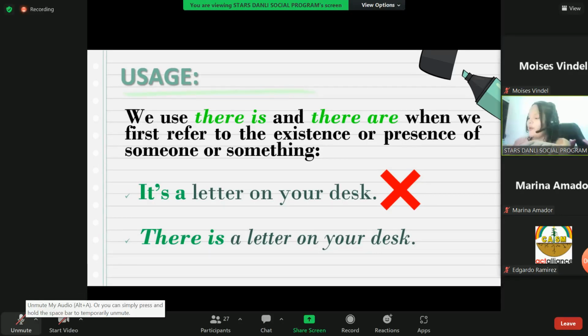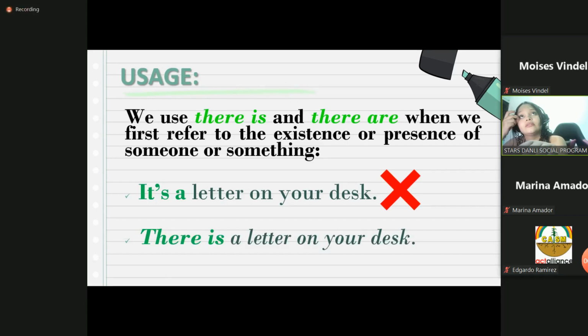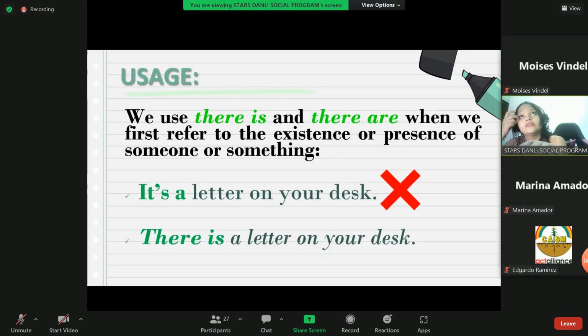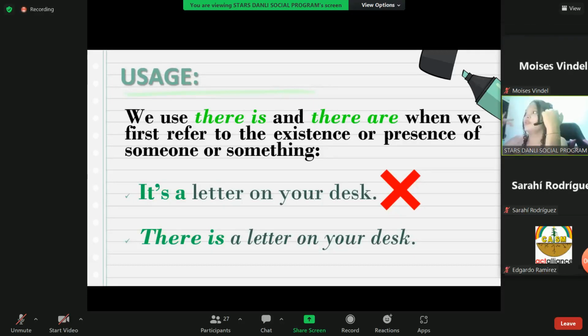Ahora, ¿a qué equivale there is y de hecho there are en español? Muy bien, Saray y Gabriel, hablamos del verbo haber, que hay algo, algún objeto, alguna persona.